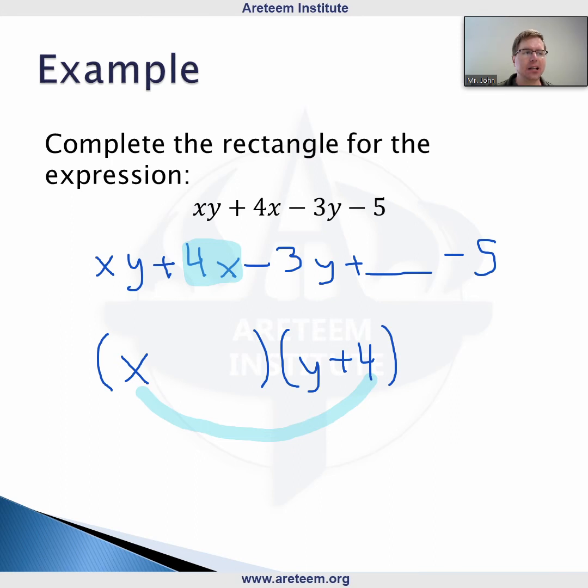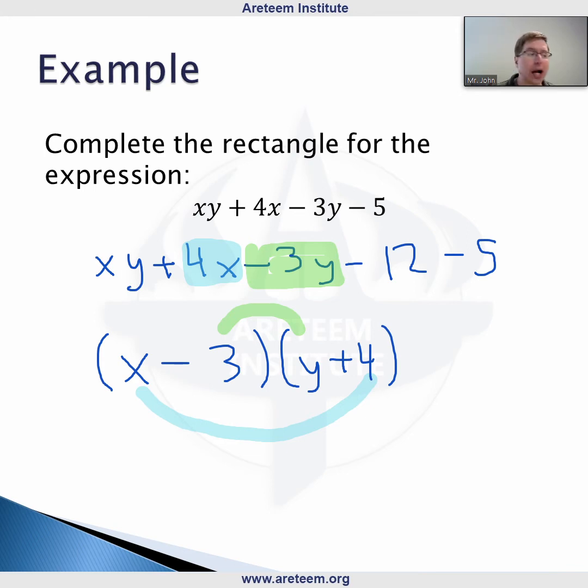What if we continue our FOIL and do the inside terms? So this is going to be y times something, and that should give us a negative 3y in this case. Now, what we have here then is our minus 3. So here we have x minus 3, y plus 4. This will, of course, give us a constant term of negative 12.